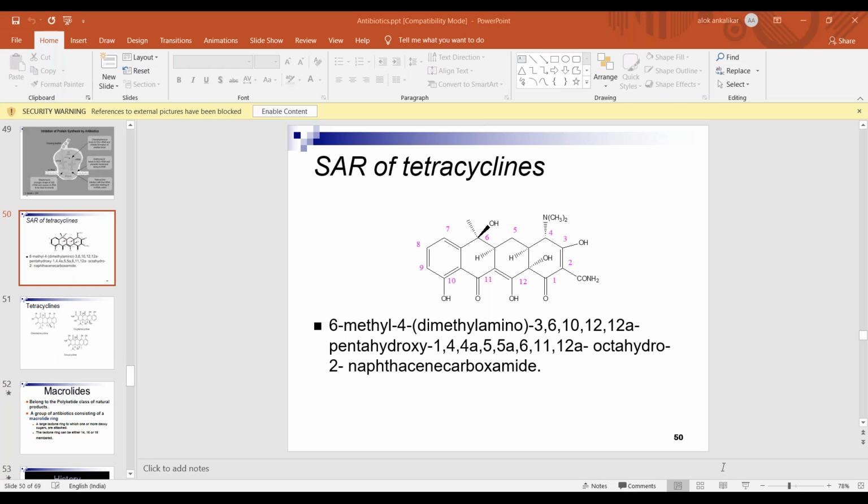Next, drugs like oxytetracycline and doxycycline possess a 5-hydroxy substituent.